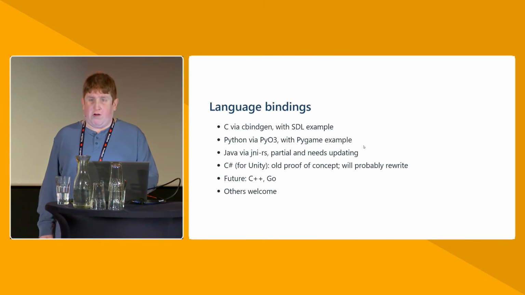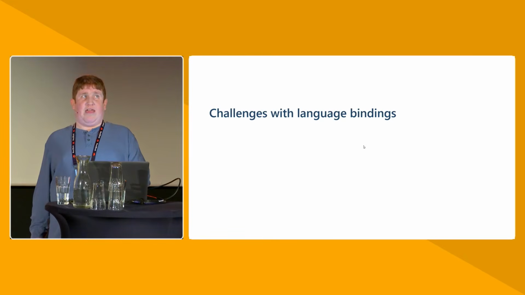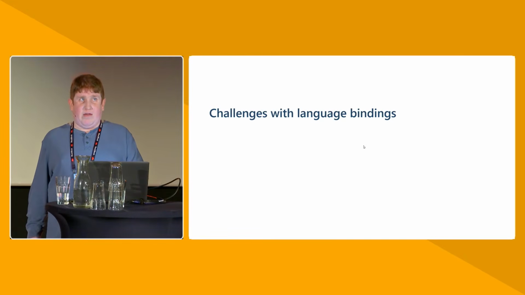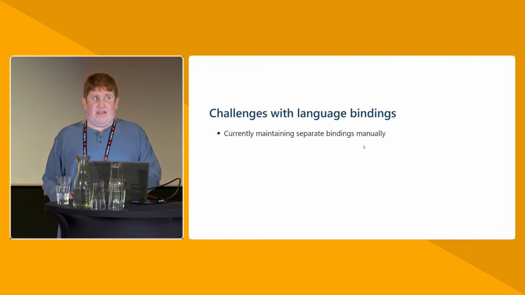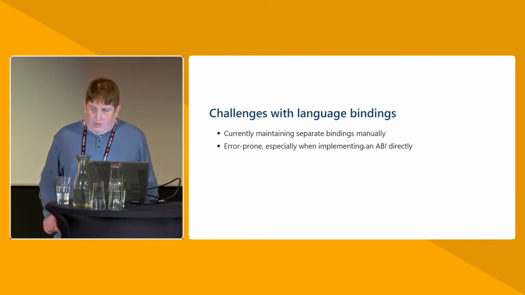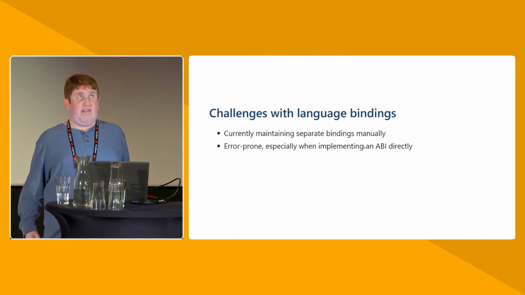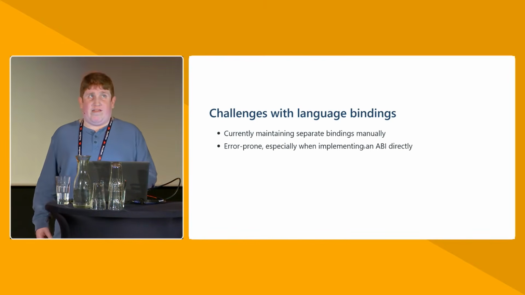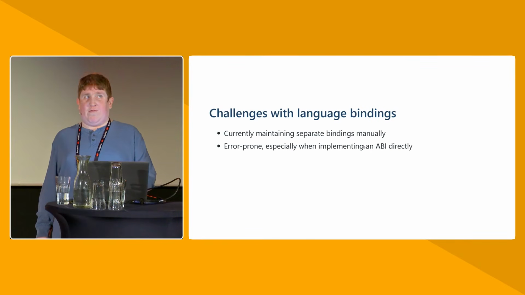And we welcome work on more language bindings, but there's a problem with the way that we're currently approaching language bindings, which is that we're manually developing and maintaining separate bindings for each language. And in addition to just being tedious, it's also error-prone, particularly when you have to implement an ABI in Rust, typically requiring some amount of unsafe Rust code.